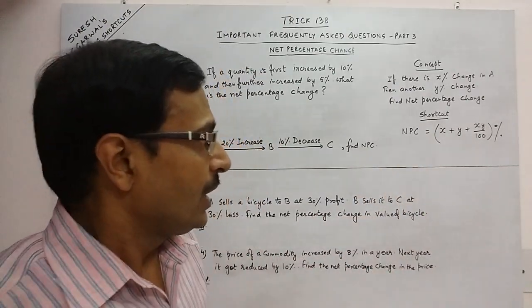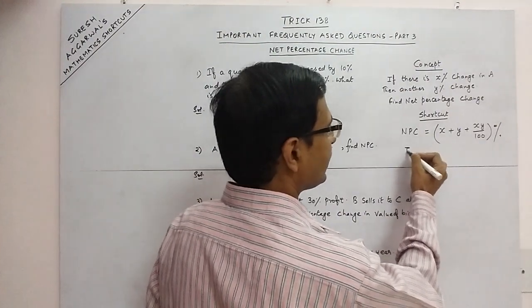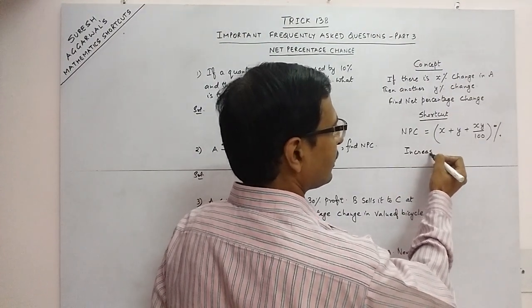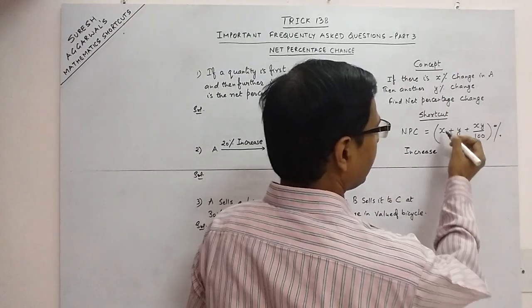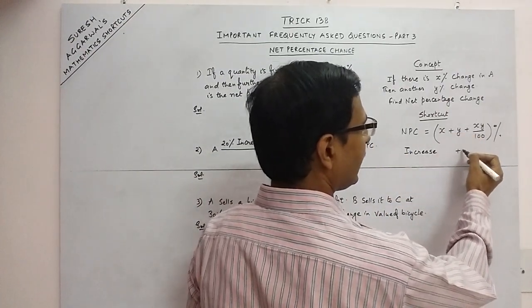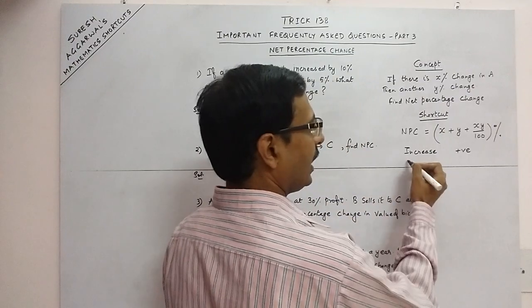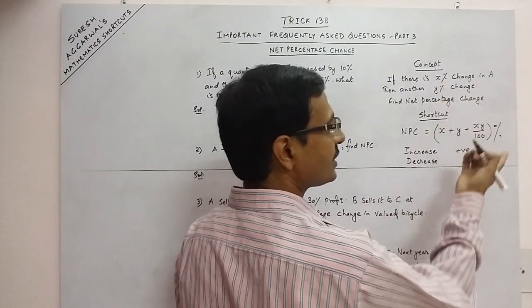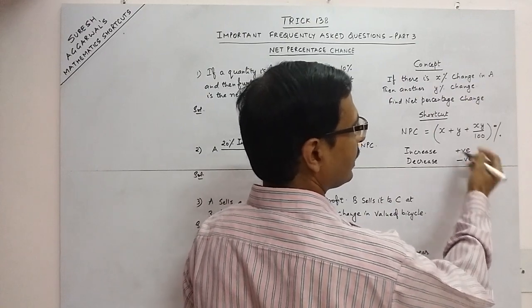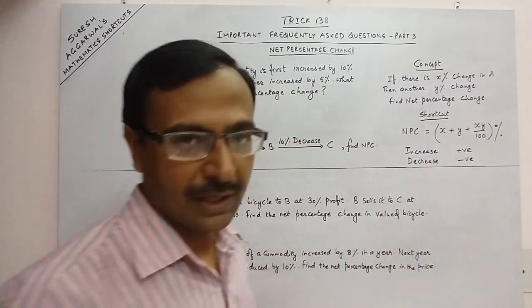If there is an increase, and you need to remember this, then this percentage is taken as positive, and if the value decreases by a particular percentage, then you have to take this as negative.